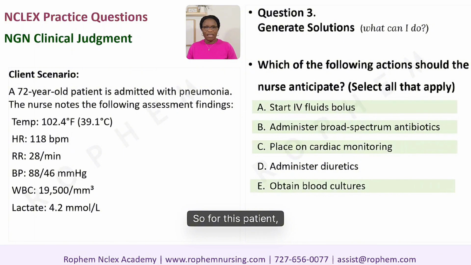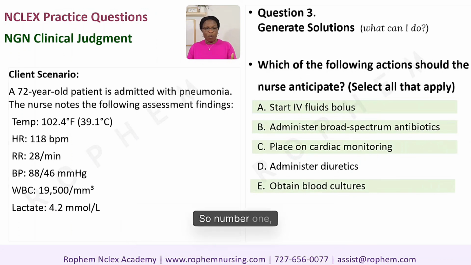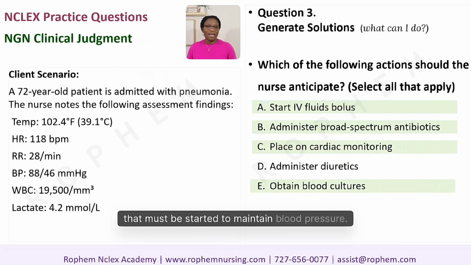So for this patient, once you suspect sepsis, proper treatment must begin immediately. Number 1, fluid resuscitation. That must be started to maintain blood pressure. You will also start the broad spectrum antibiotic within 1 hour after the diagnosis has been made.